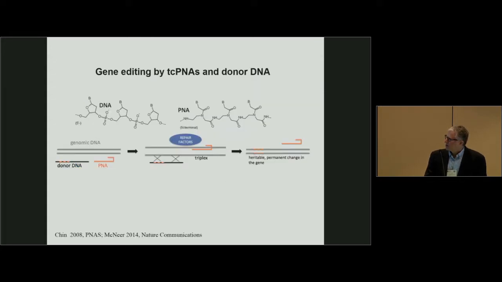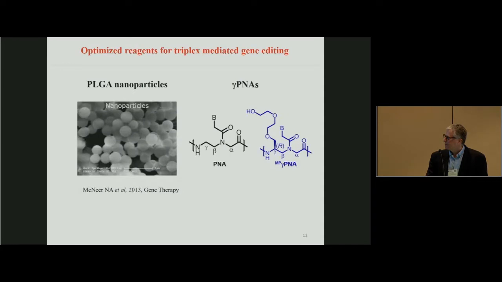So the idea here is like a DNA triple helix, if you form this PNA tail clamp on DNA, it triggers DNA repair, and we actually published that this structure triggers repair even more strongly than a DNA triple helix, and you can catalyze gene editing.